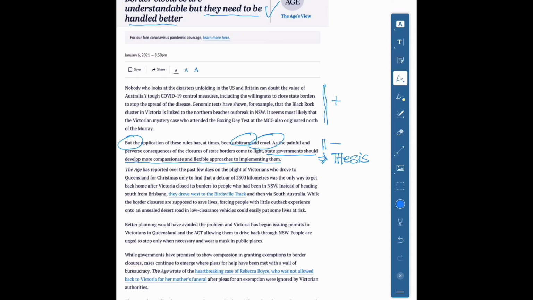Okay, so let us see the third paragraph here. This third paragraph talks about some incidents to show that the government or the policy is not well implemented.